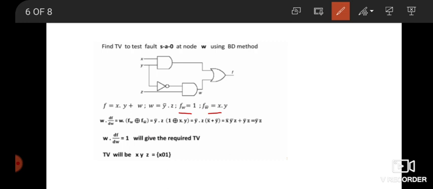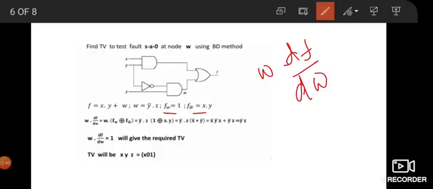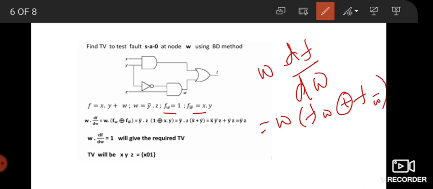Already we know the Boolean difference concept: w dot df by dw is written as w into f of w XOR f of w bar.